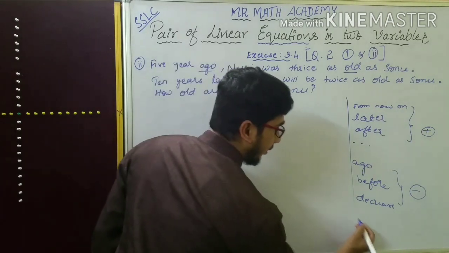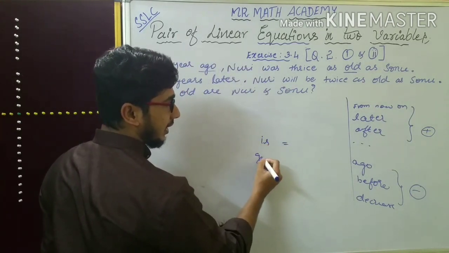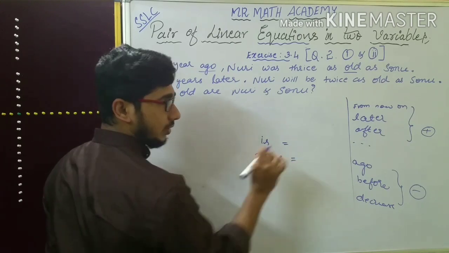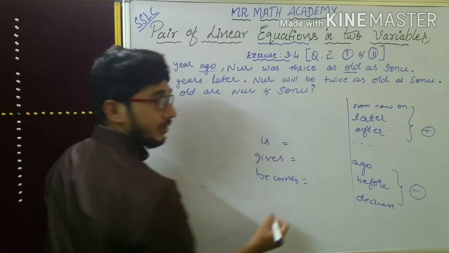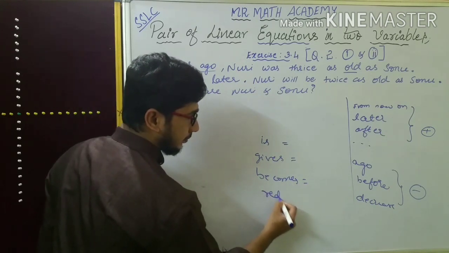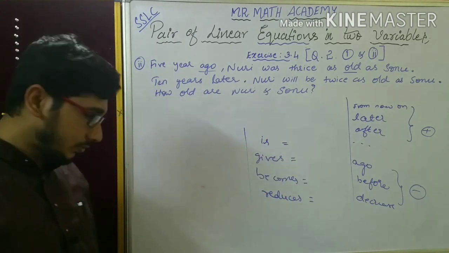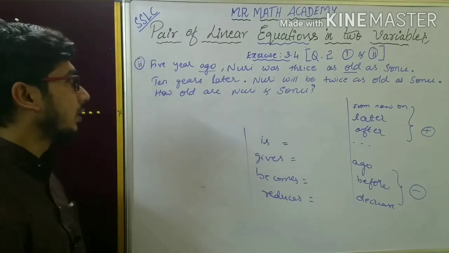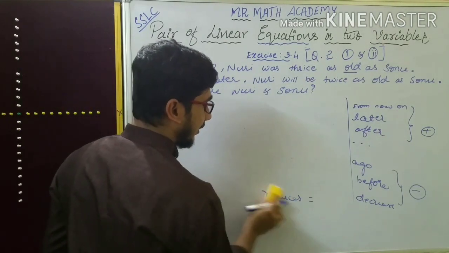And is, gives, becomes, reduces, these all represent is equal to. This one you have to remember. Let us go ahead with this. So this is not needed right now, I'll keep it aside.